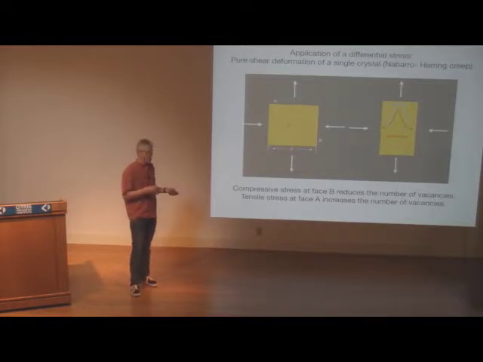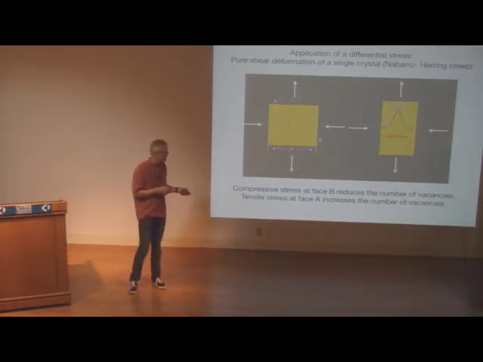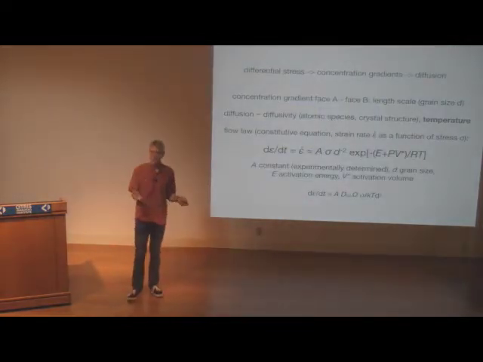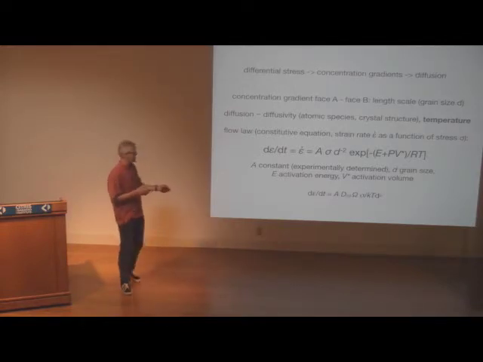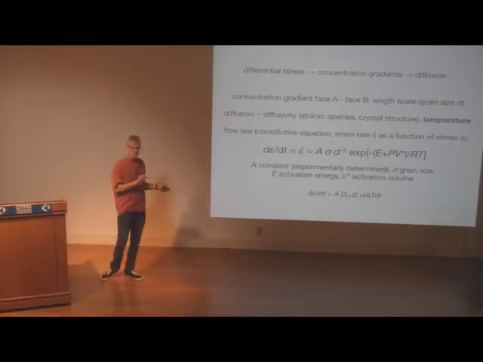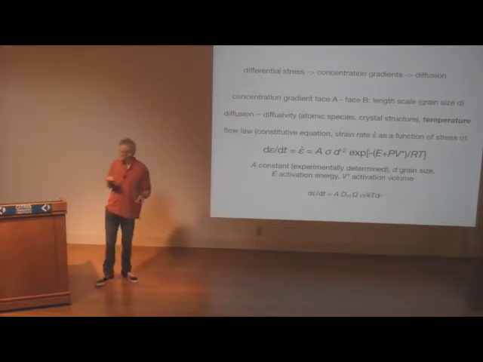So typically, when we do deformation experiments, we find a cubic dependence on the grain size, indicating that we have grain boundary diffusion rather than grain interior diffusion. But otherwise, it's the same form of the equation. And now we have to add one other complexity, I'll show that a little later.